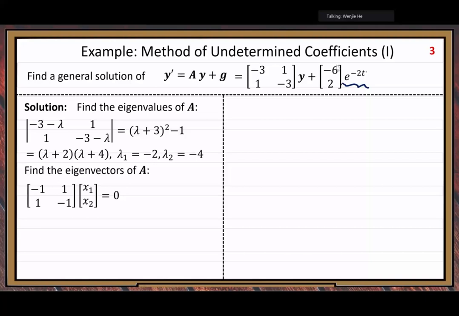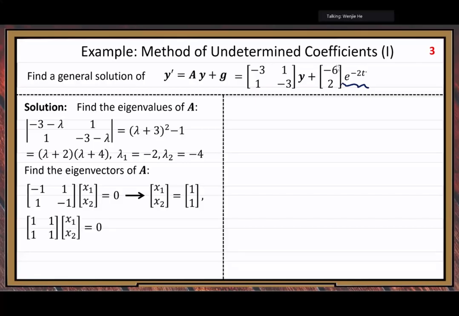So we solve this homogeneous linear system. But the determinant of this matrix is 0. That means the two row vectors are dependent. So we can just use one of the two rows to find the x. By observation, we want to use simple values. So 1, 1, very simple. x1, x2, the first eigenvector.